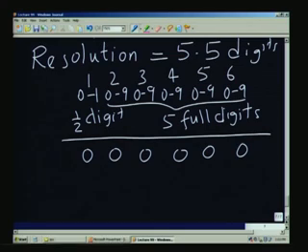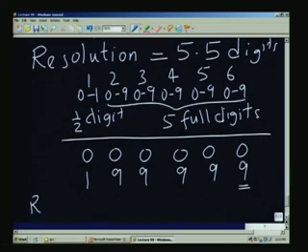I can have the maximum, 1, 9, 9, 9, 9, 9. So, the resolution is actually one digit in the last place.